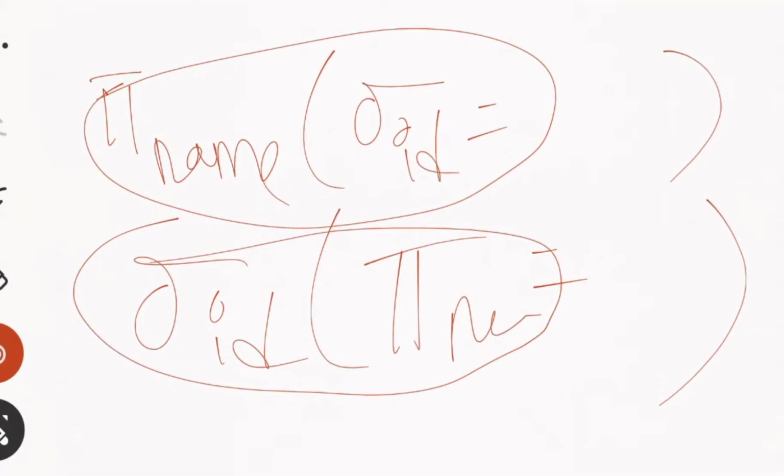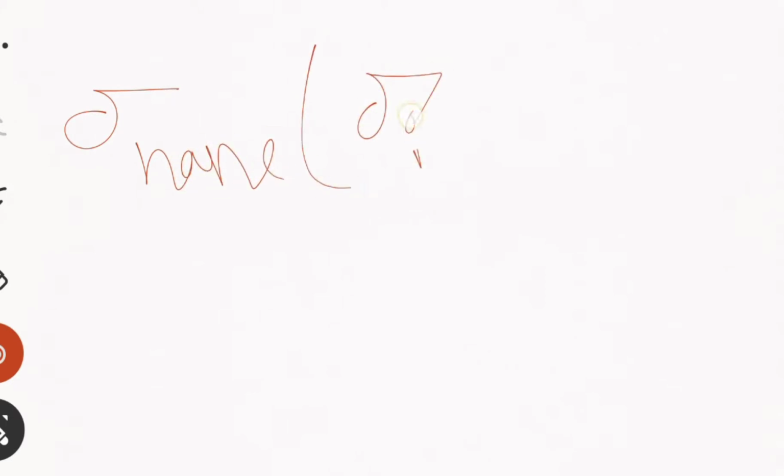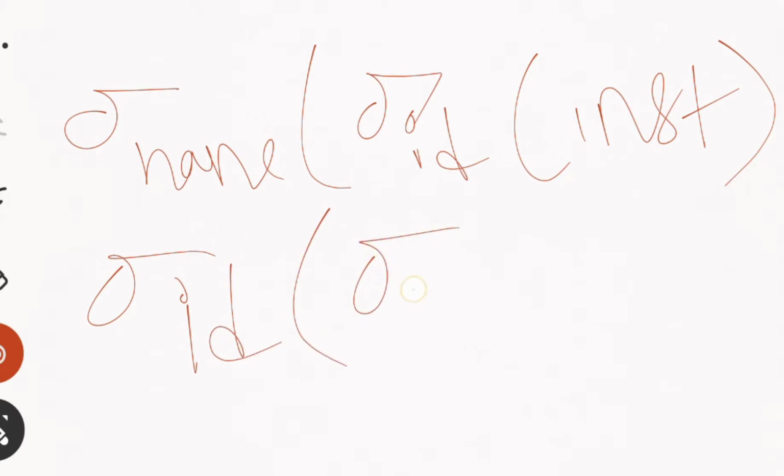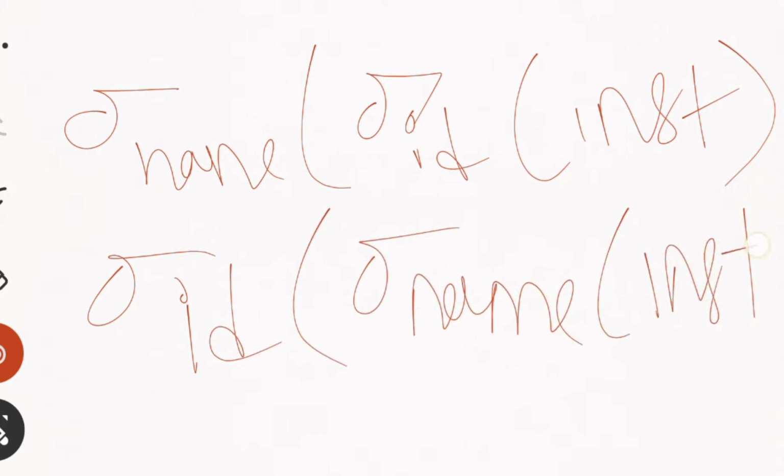Meaning, if I write select name, select id from instructor, and if I write select id, select name from instructor, will I get the same output? Both the queries will give me the same output, right?